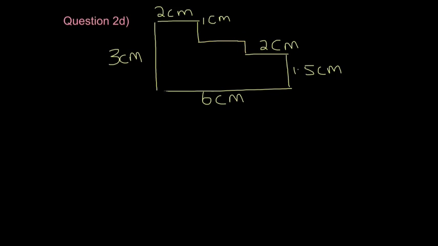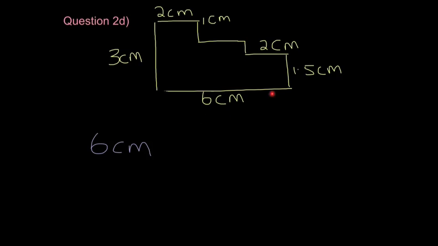So what we have to do is figure out what they must be. Okay, I've got 6 centimeters here, and I've got 2 centimeters here and 2 centimeters here. And I know that if we travel 6 centimeters that way, we have to travel 6 centimeters back.